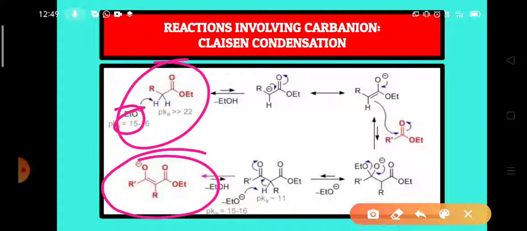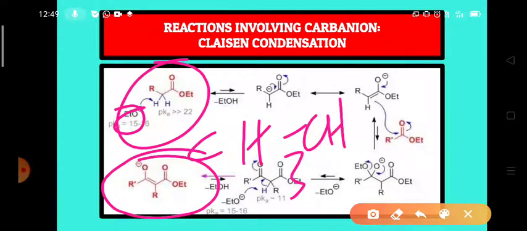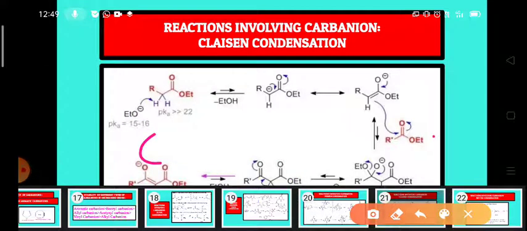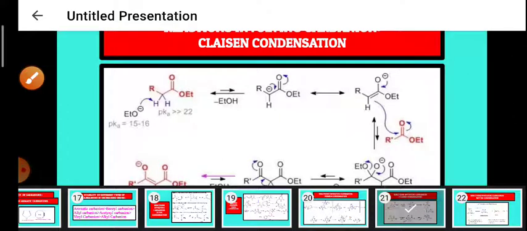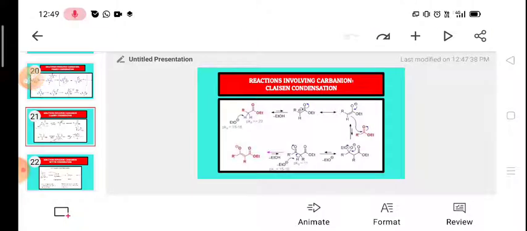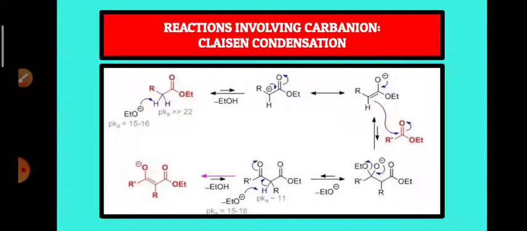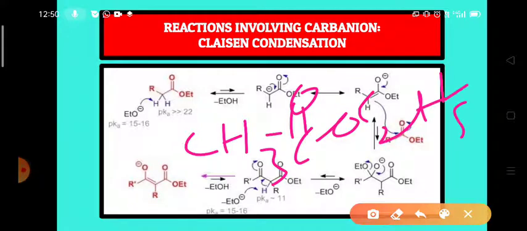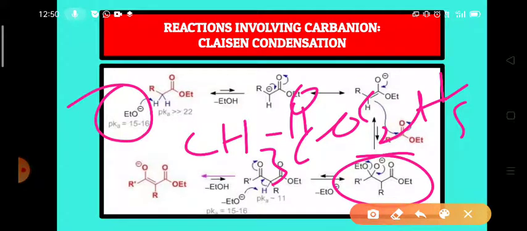For example, from ethyl acetate we get the ethyl acetoacetate.